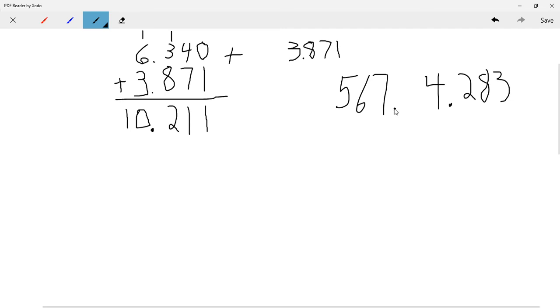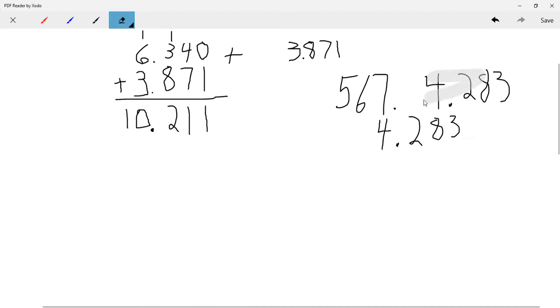There's an invisible decimal in every whole number. It's after the ones column. So that way, when I put this 4 here, which is in the ones column, because the place one over to the left of the decimal is the ones column, I line it up with the ones column here, put the decimal here, 2, 8, 3.